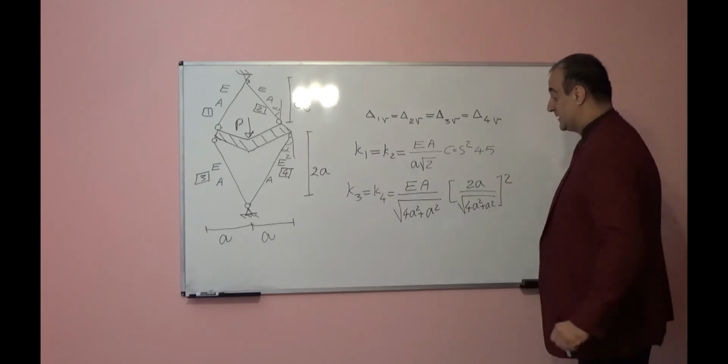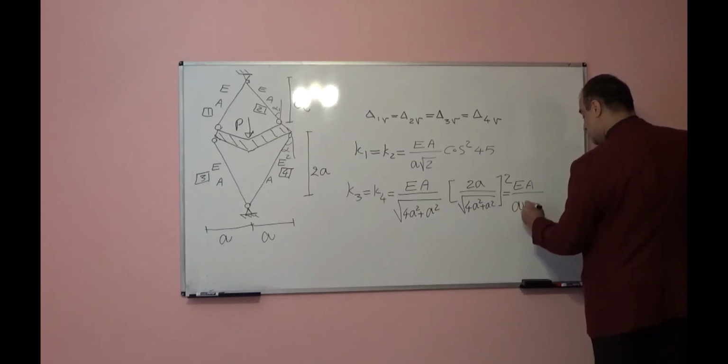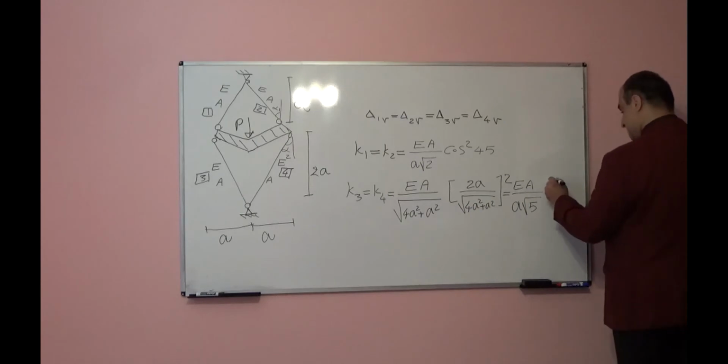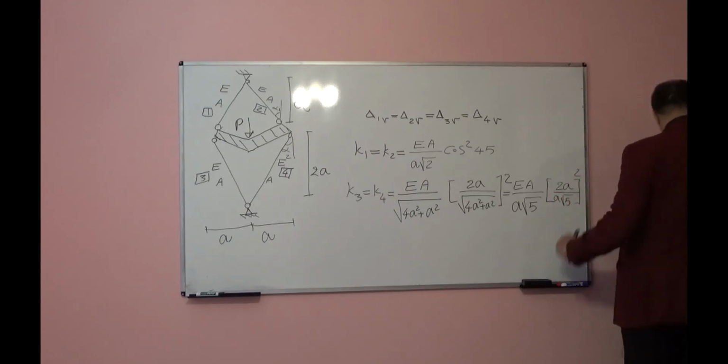So this will be A square root of 5, times 2A divided by A square root of 5 squared.